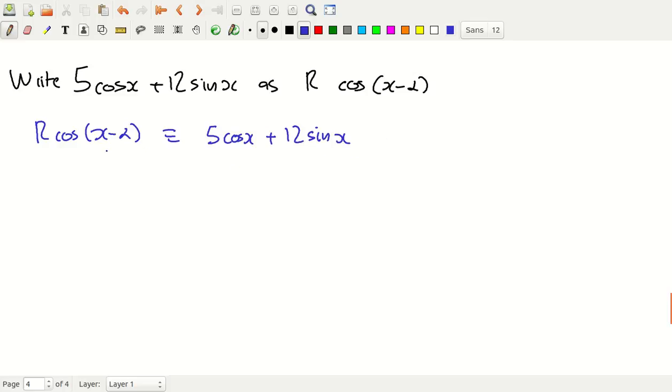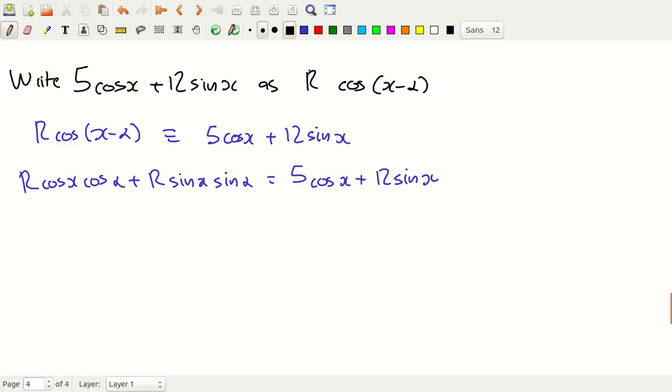I'm going to expand using the compound angle formula for cos(a minus b) here, and I'm going to multiply through by r immediately. So I have r cos x cos alpha plus r sin x sin alpha is equal to 5 cos x plus 12 sin x. Then just as before, we're going to match up the coefficients of cos x and sin x.